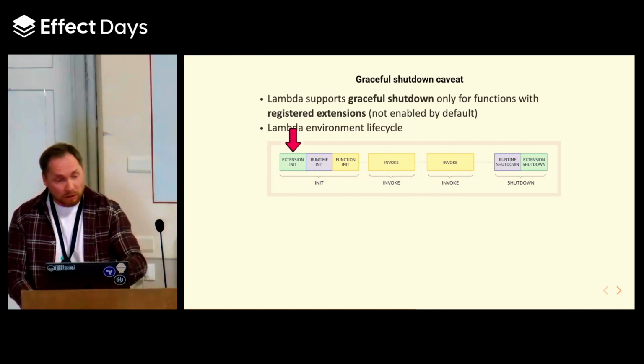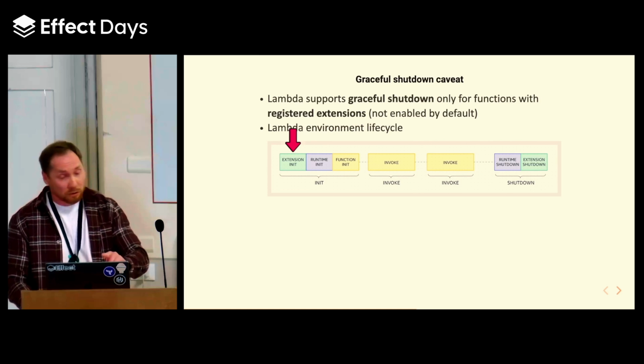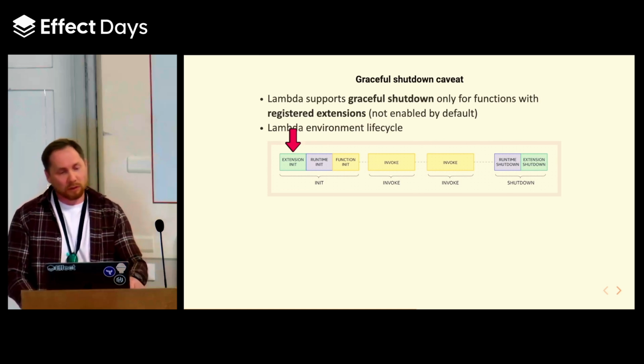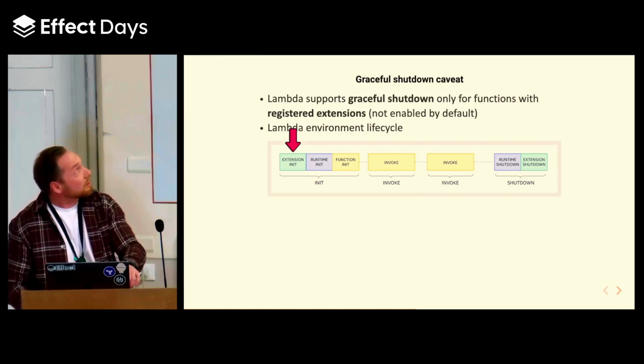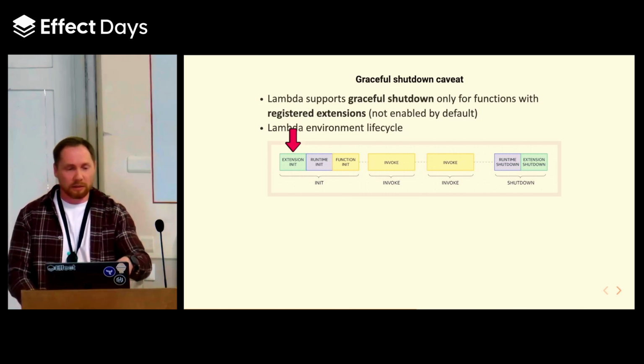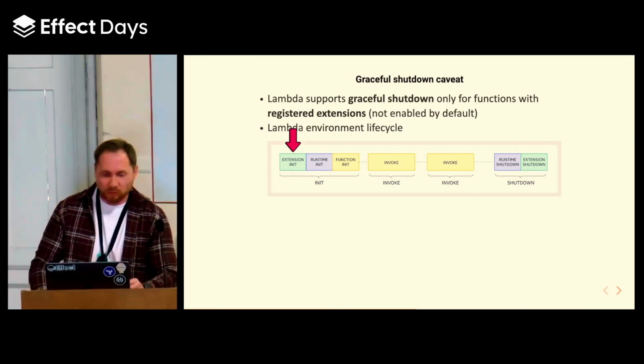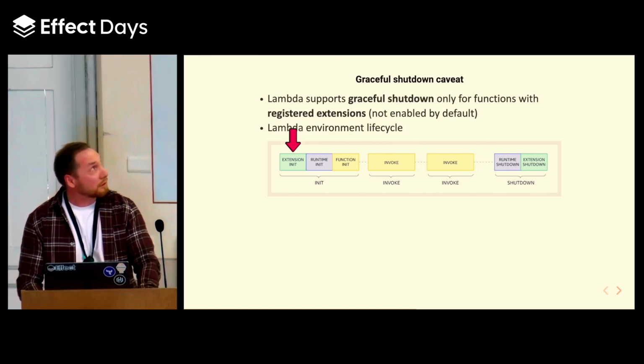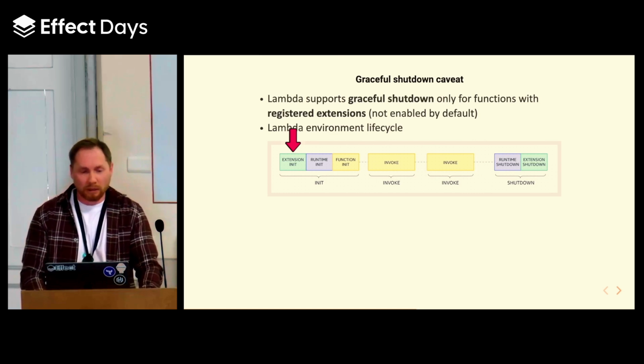And how does the life cycle with the extension work? First, when we hit our Lambda function, the extension would be initialized here. Here exactly the subscription to non-native signals would happen.